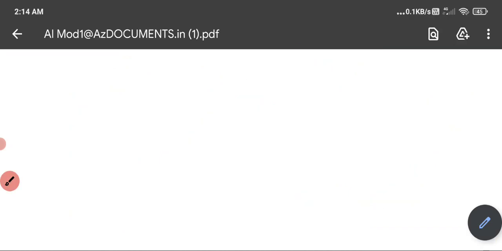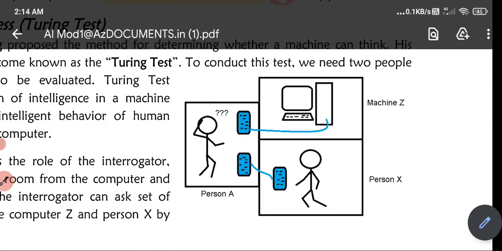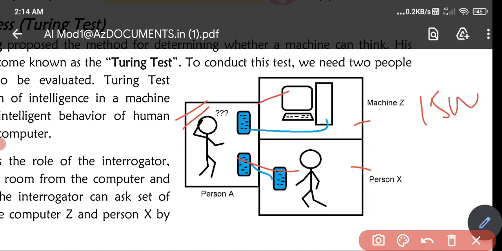So let's see what this test is all about. As I said, the machine and the human will be placed in separate rooms, and one person who is interrogating will give the problem to both rooms, for example the same math problem I explained. Both of them will take 15 minutes or even more and submit the answer.